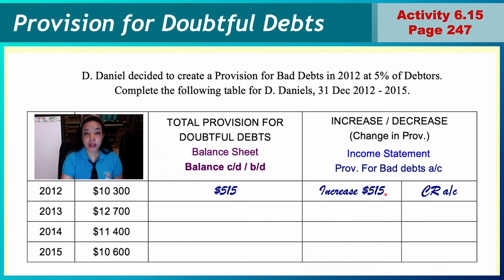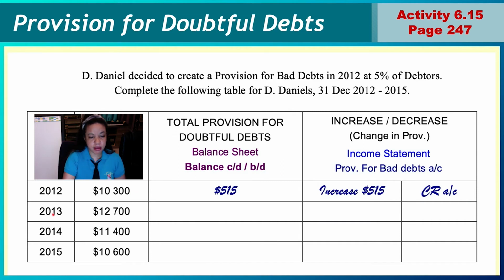As we said before, every time it's the first year, which is 2012, we are now creating our provision. That means that it's increasing from 0 to 515, so that will be an increase. And as an increase, it will go on the credit side of the provision for bad debts account.